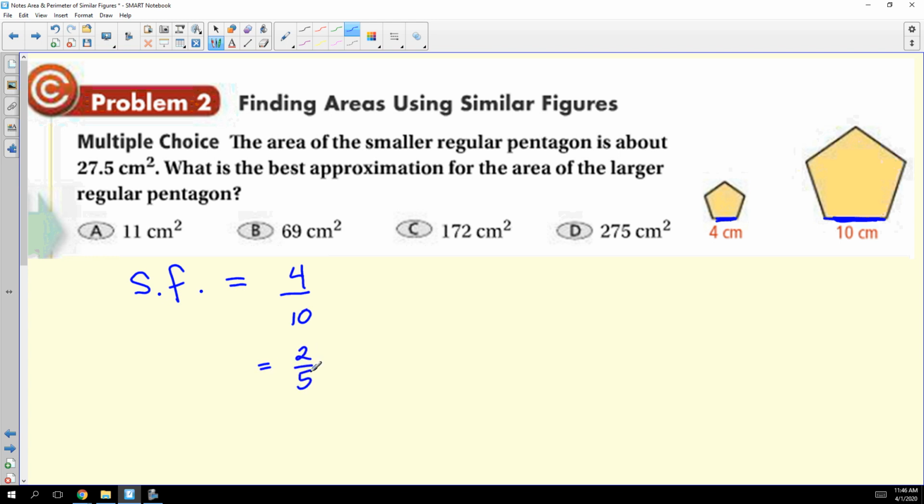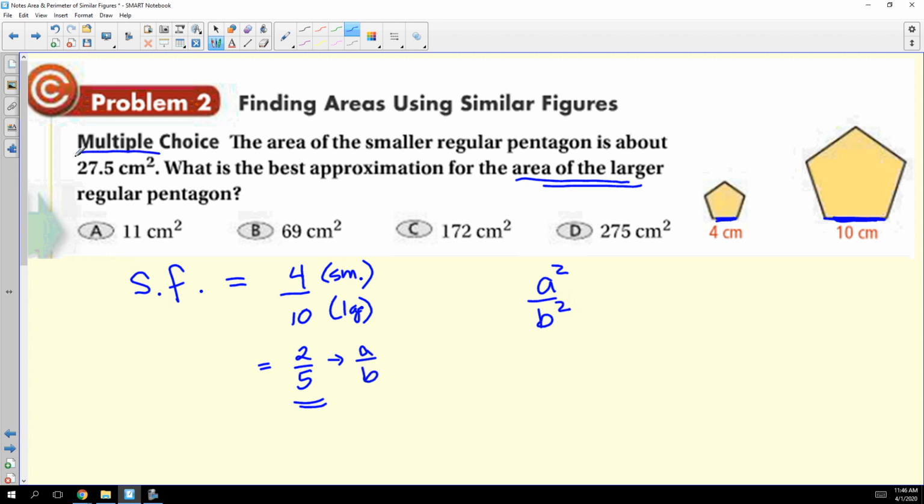Then we want to find the area of the larger regular pentagon. Remember, I put the smaller one on top and the larger one on the bottom. No particular reason why. If you flip it the other way, it's okay. But if I'm going to use this, and this is comparable to a over b, then I'm going to have to do a squared over b squared.